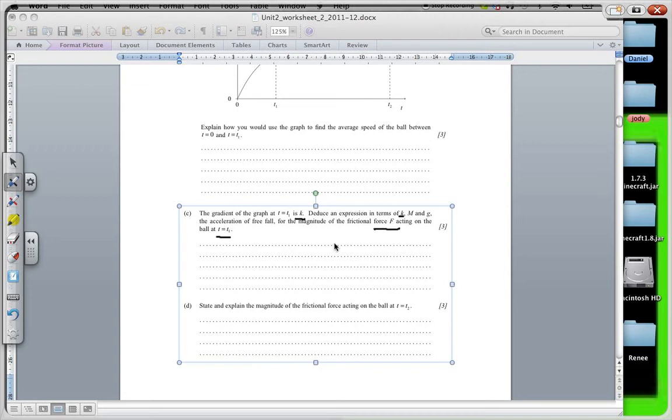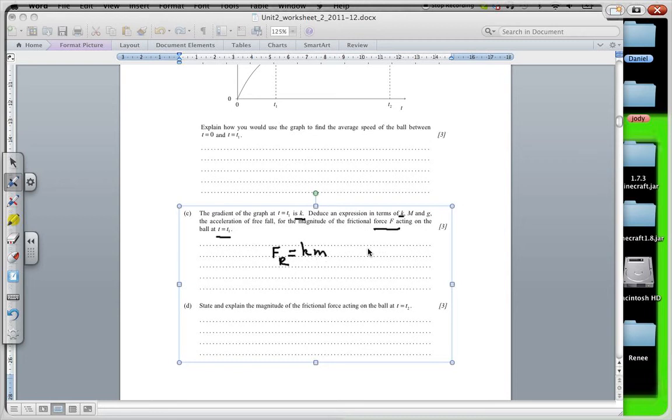So we know that if the gradient is equal to k, then the acceleration is k, and the resultant force acting on it would equal km.